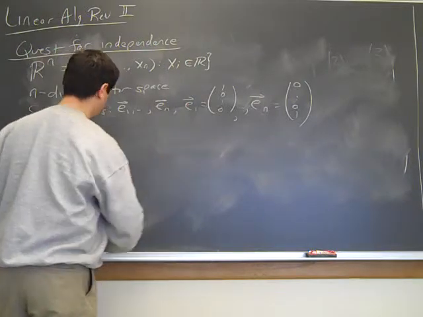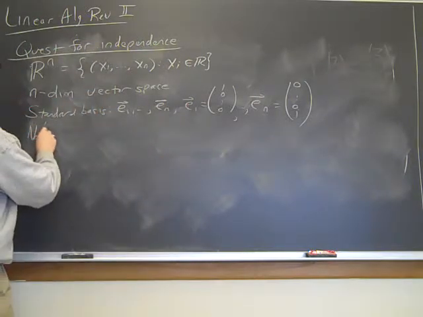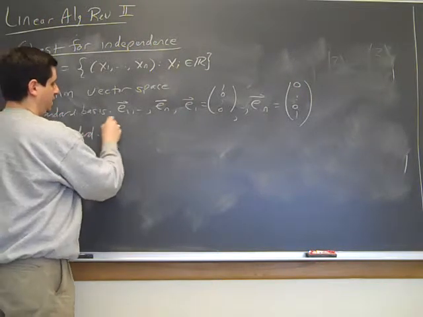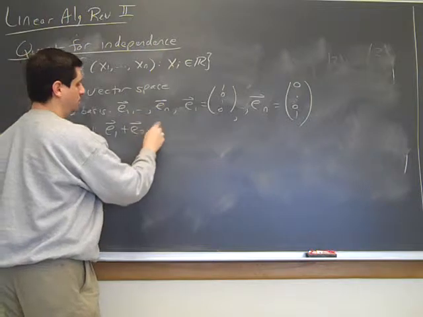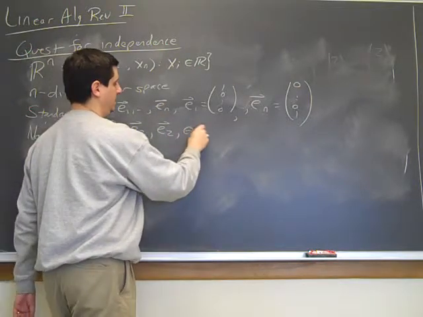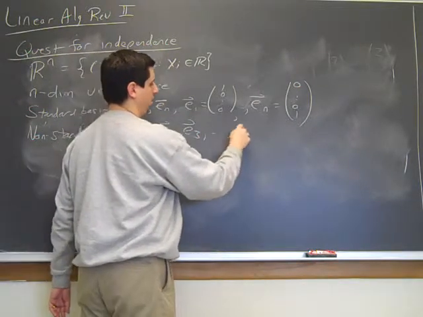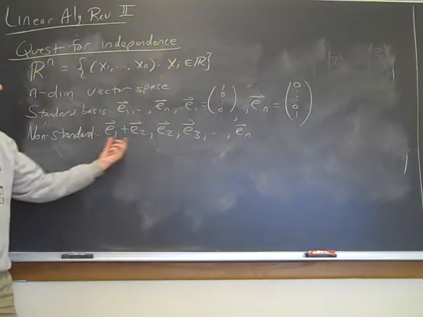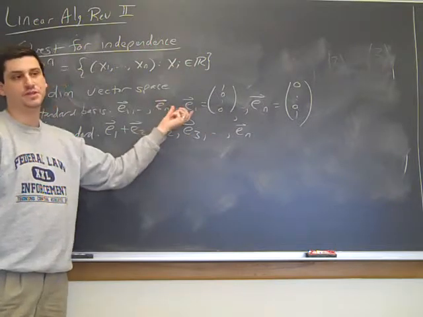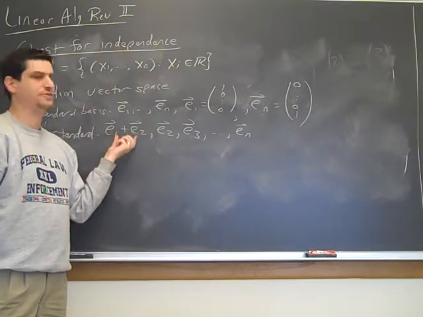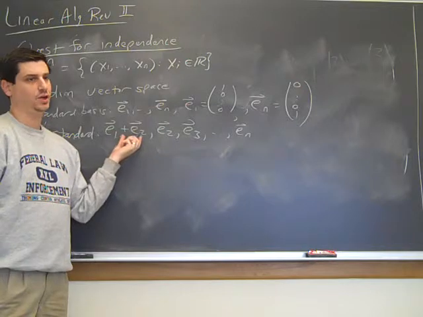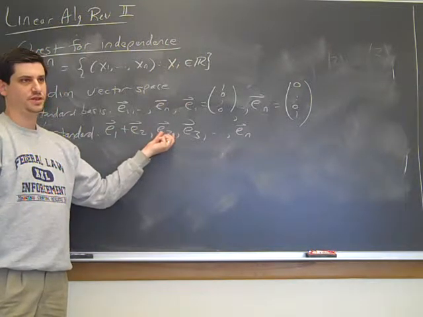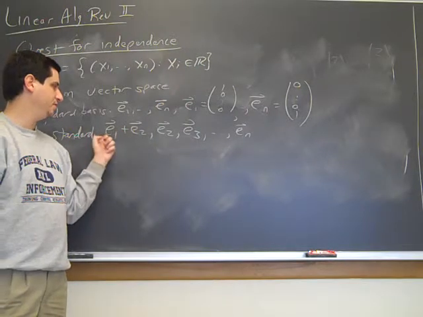So here's a non-standard basis. E1 plus E2, E2, E3, En. And the reason that this will also work is it's almost the same as the original basis. I've only changed the first one. Well, all I have to do is, if before I needed one copy of this, now I would have 0 copies if I had one of them.